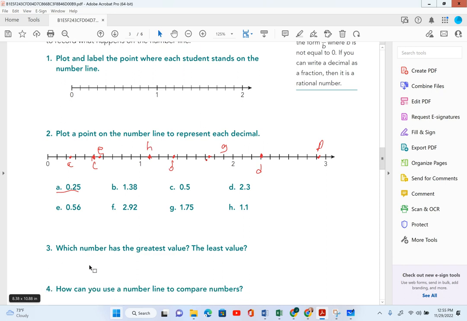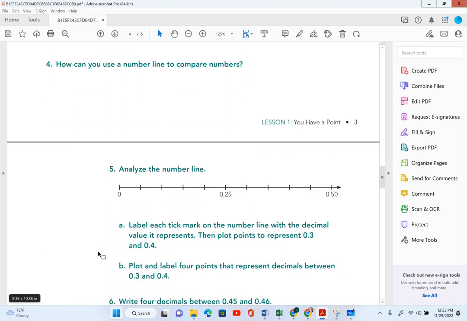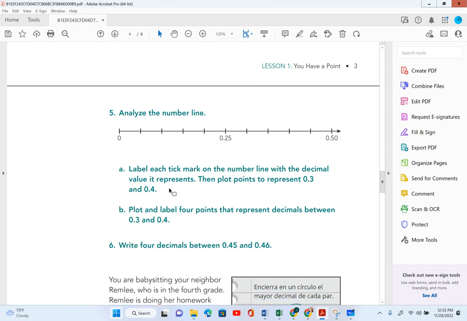So we are going to then go to number 5, and you'll do number 5 on your own. The instructions are you are to analyze the number line and label each tick mark on the number line with the decimal values it represents.